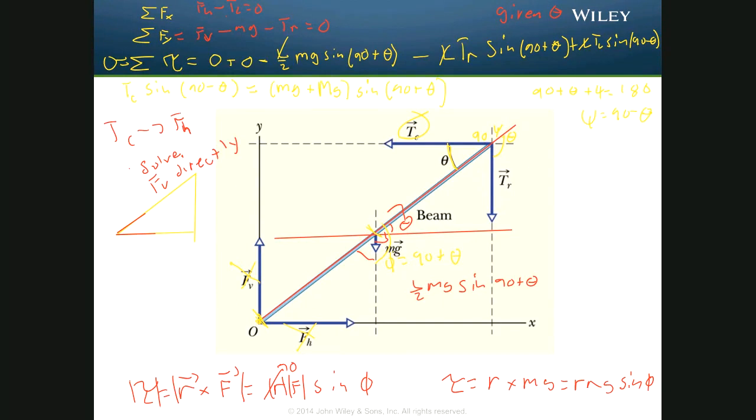Yes, on the sum of torques, that is L over 2 mg sine of 90 plus theta. So you're asking about the mg torque? Yes. I crossed out the L's because there's an L in each term, and the sum of the torques is equal to 0.